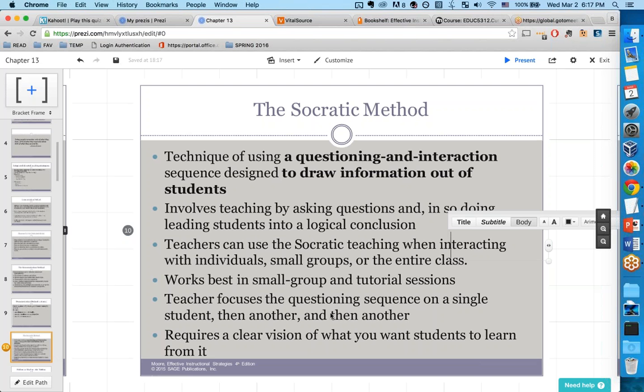In this type of questioning sequence, you typically focus on a single student, and then another student, and then another student. So typically one-on-one would be more effective with the Socratic method. Again, you need to have a clear vision, a purpose for this type of method. You need to have an end point that you want to reach with your students so students can learn from this activity.